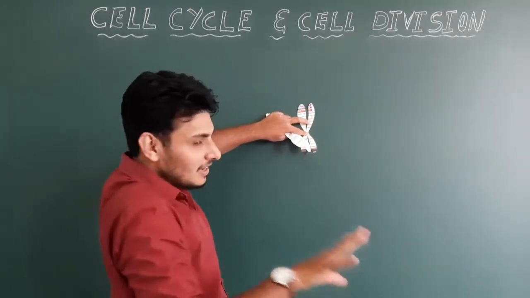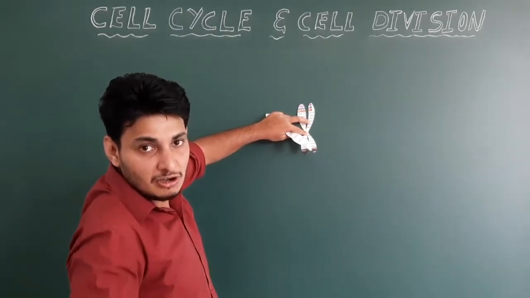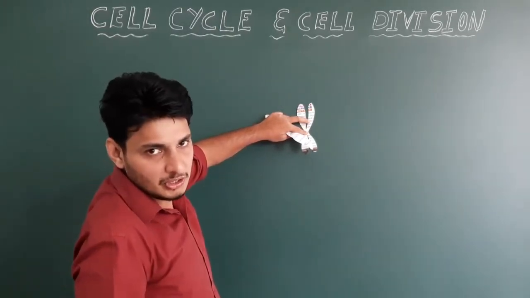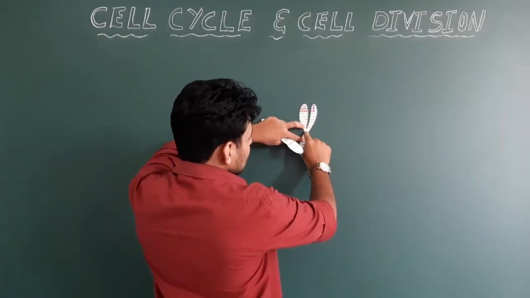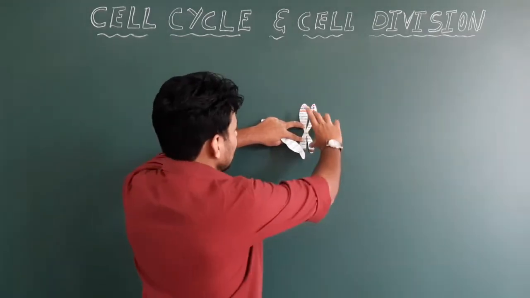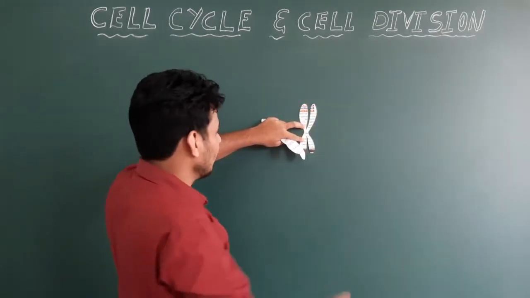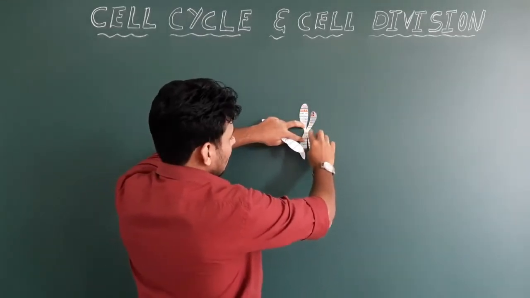How many chromosomes do you see inside the nucleus in the metaphase stage? 46. You see 46. Now see the parts of the chromosome. This is called the centromere. The centromere holds the chromatids. Now what exactly is a chromatid? This is a chromatid.